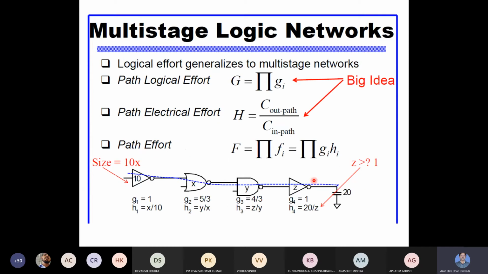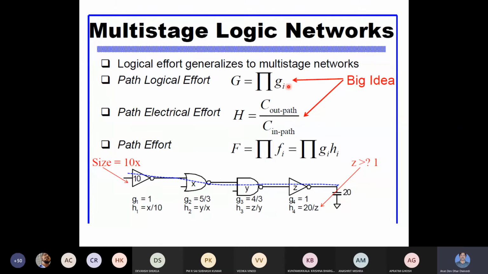Now, if multiple stages are there, logical effort generalizes to multiple stages. Suppose the path logical effort you are calculating is G, capital G, which is the multiplication of Gi, meaning G1 into G2 into G3 up to Gi. So if there are i number of stages, this pi is indicating the multiplication.